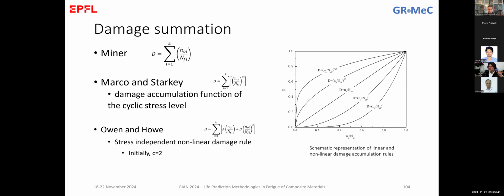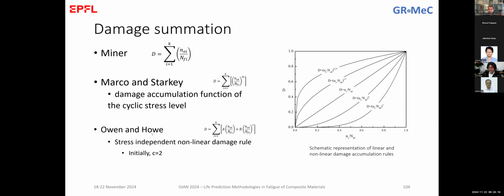And actually, what we can see is that these nonlinear damage rules are based on the basic concept of Miner, and introduce additional parameters to consider the material peculiarities. Actually, in this Marco and Starkey rule, this alpha i here is related to the stress value corresponding to each one of the blocks.